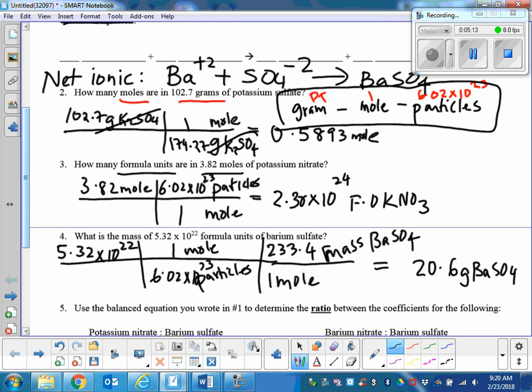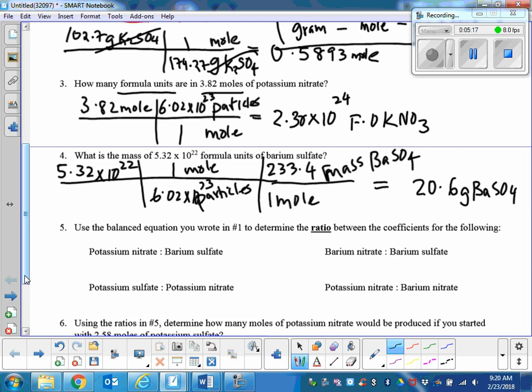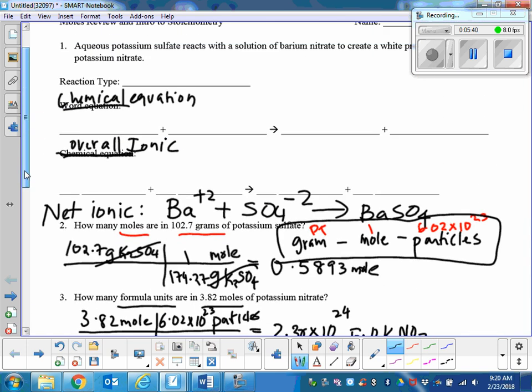Okay? So in order to do that, we need to look at the ratio of the coefficients. The ratio of the coefficients is called what? It's called the mole ratio. The coefficients actually denote the number of moles of the substances that are participating. So how do I know how the moles are related?